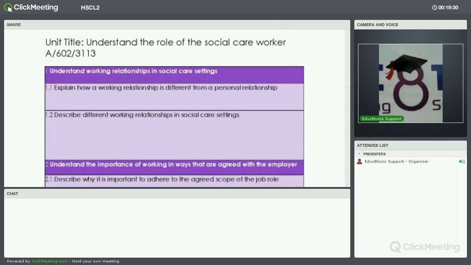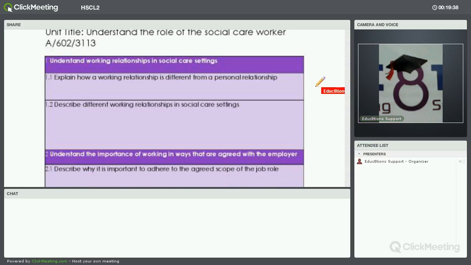So, the first learning outcome is understand working relationships in social care settings. Just 2 questions for this outcome. Explain how a working relationship is different from a personal relationship. So, I don't know, maybe you have got a colleague that you work with, but you do know outside work as well, as a friend that maybe you go out with socially.